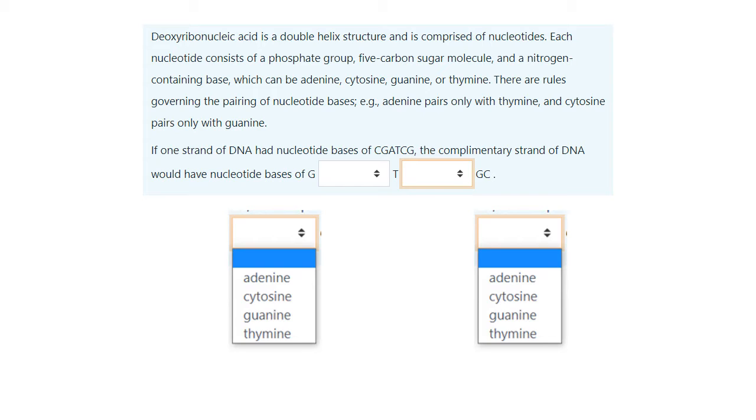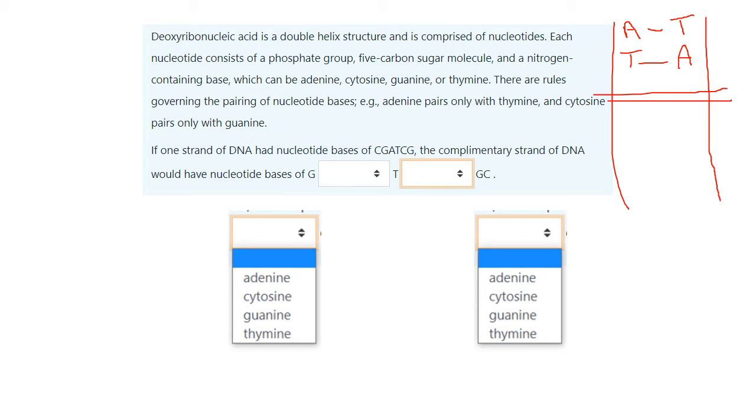For example, adenine only pairs with thymine, so A and T always go together. Cytosine only pairs with guanine. So we know that there is a double helix. If we have A on this side, it links to T on this side. If we have T on this side, it links to A on this side.